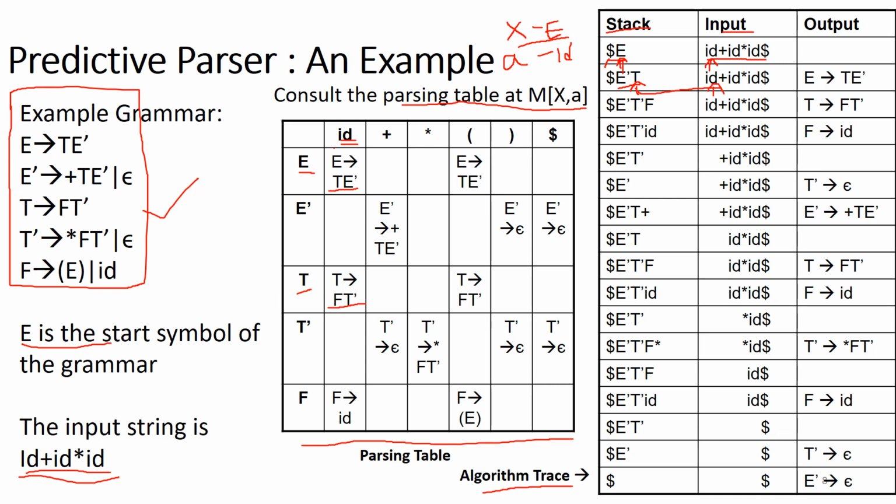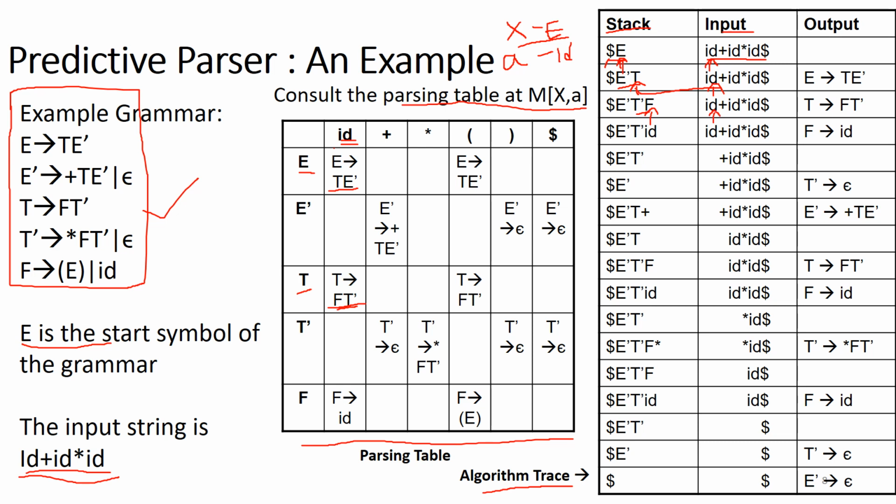T, which is the current top of the stack, is now replaced by FT dash in the reverse order, and therefore we have T dash F, and F is the current top of the stack, and the current input symbol under consideration is still id.